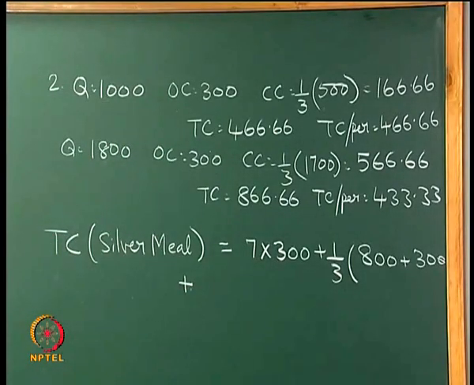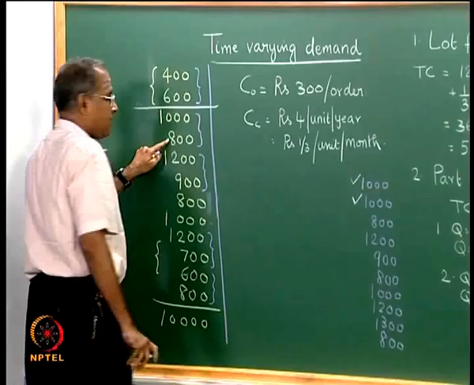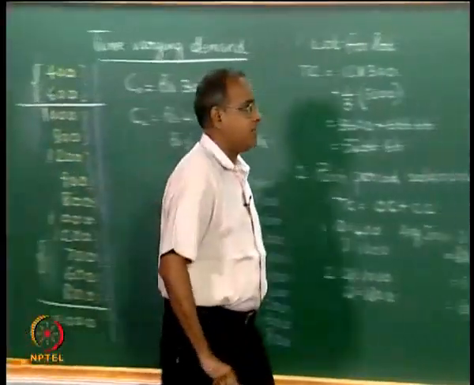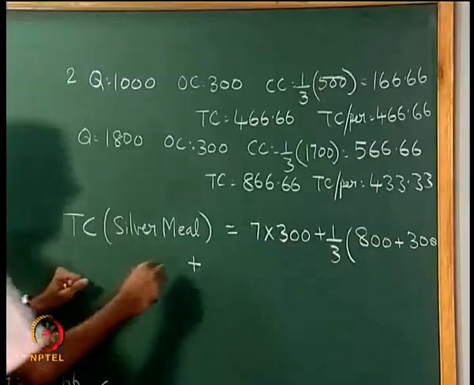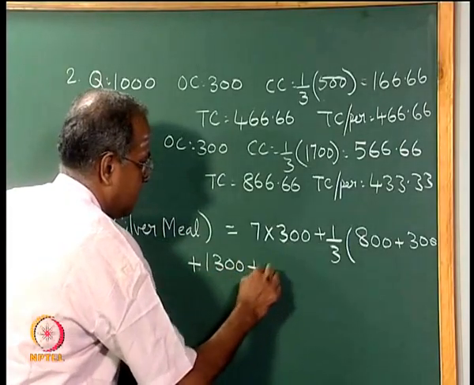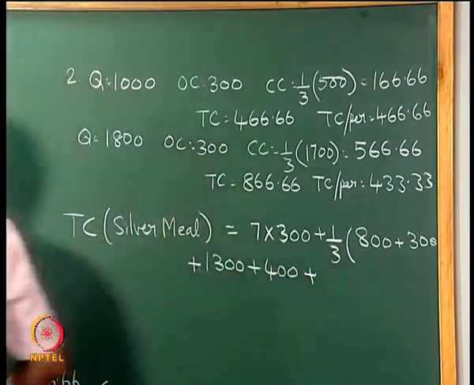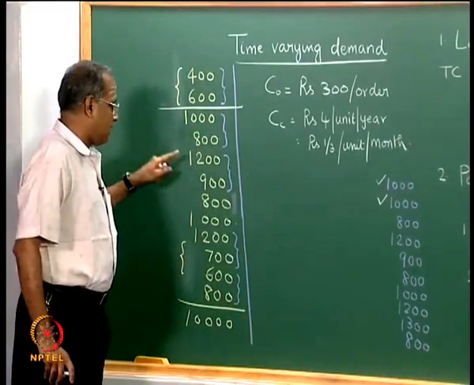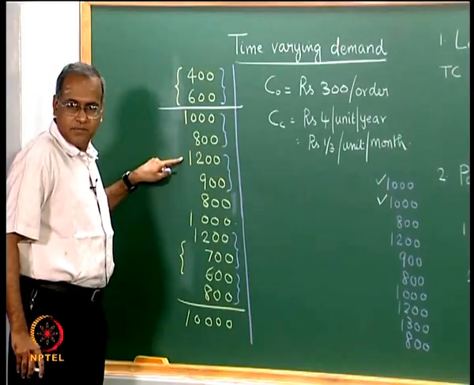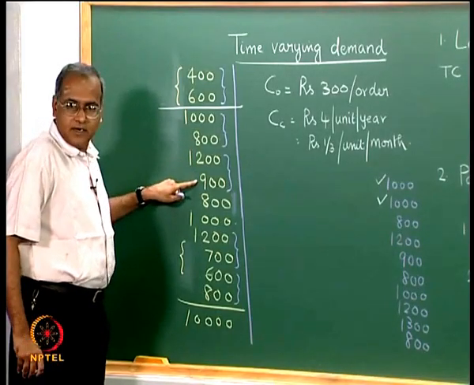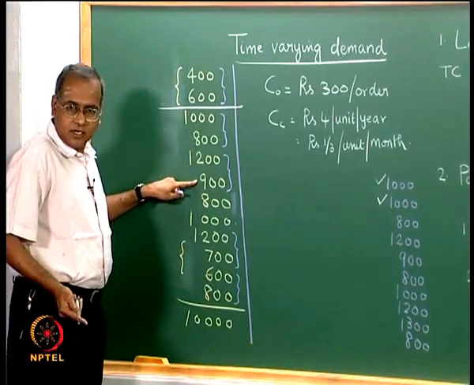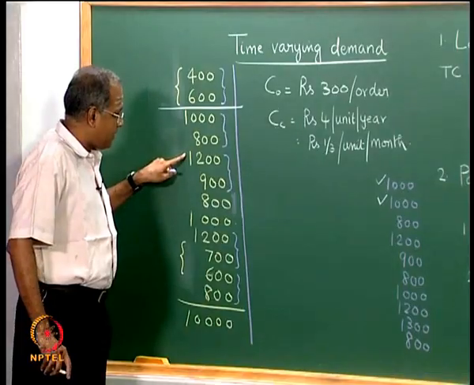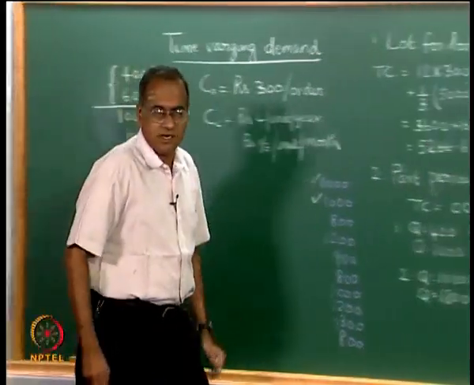Now third and fourth I am combining. So 1800 plus 800 divided by 2 is 1300, plus another 400. So 1300 plus 400. Similarly 5 and 6 I am combining. So I begin here with 2100 and I end with 900. 3000 divided by 2 is 1500. 1500 plus 450 is 1950.